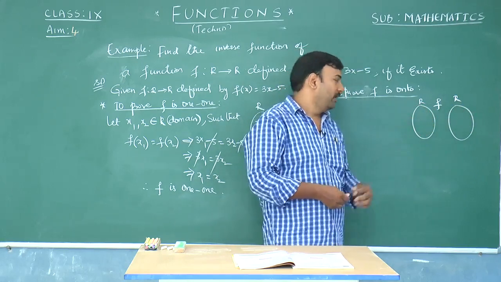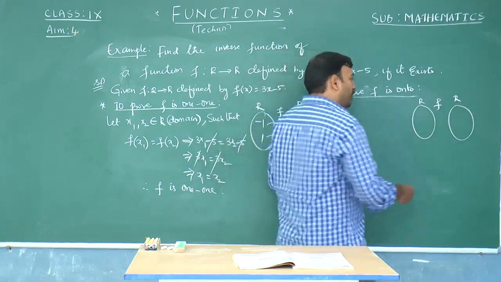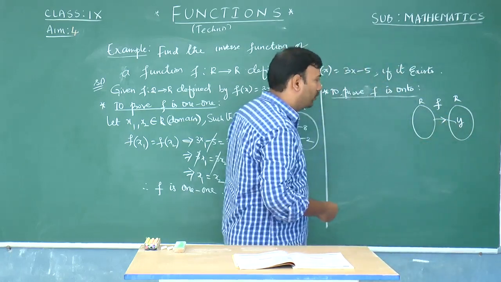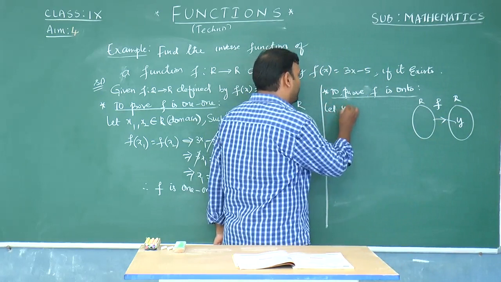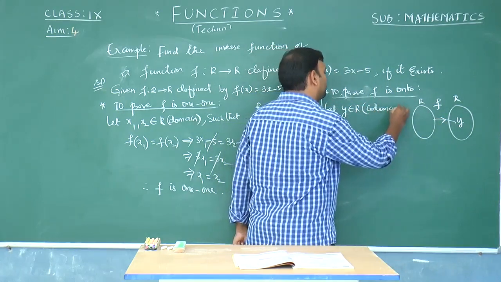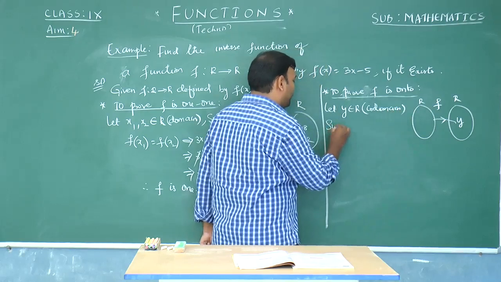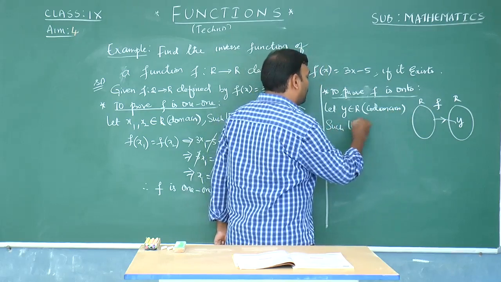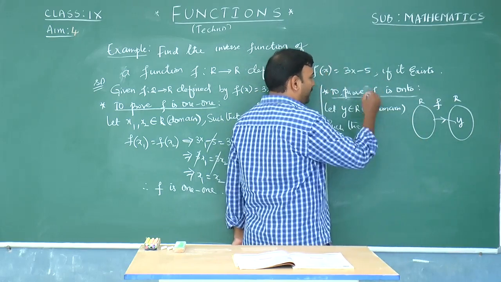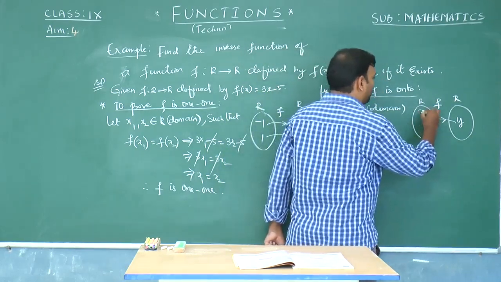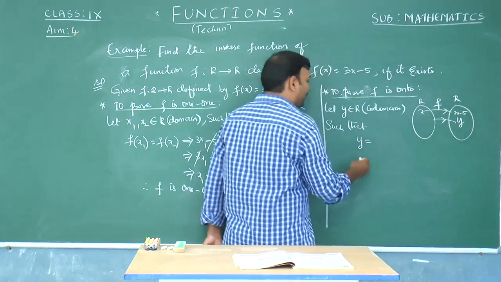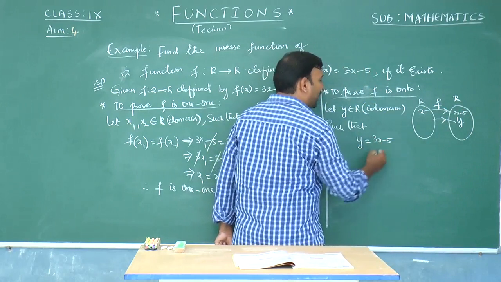So here let's check the pre-image rule. To check the pre-image rule, we take some element y from the codomain. Let us suppose that y belongs to the codomain R, such that we equate that to the image rule. The image rule is given as 3x minus 5, if x is the element given to you. So we equate y to 3x minus 5 and solve for x.